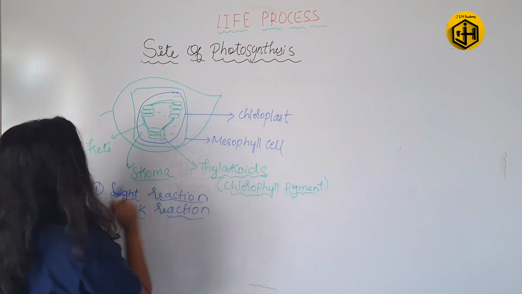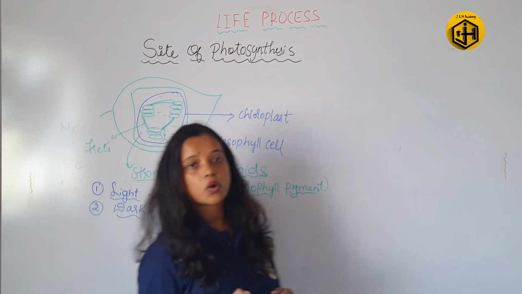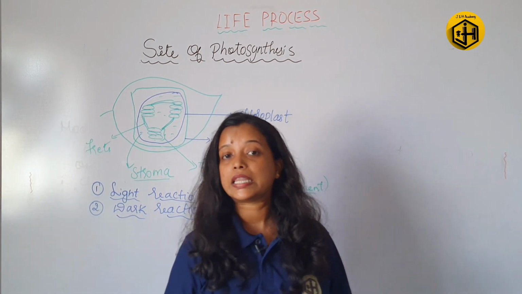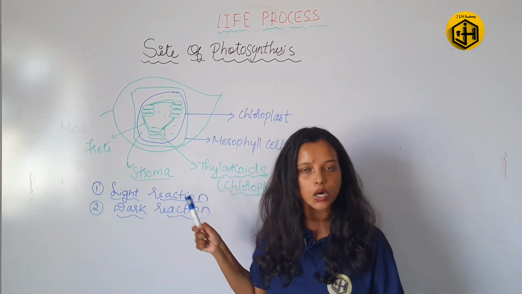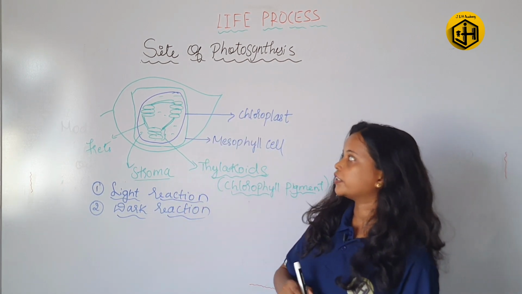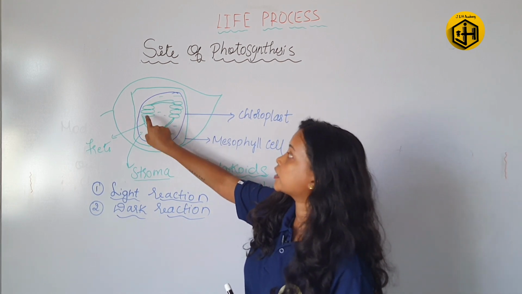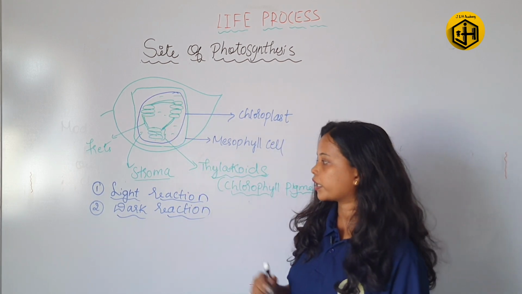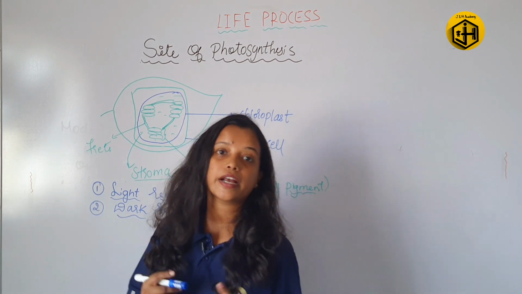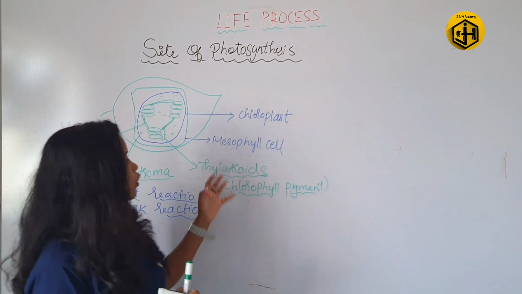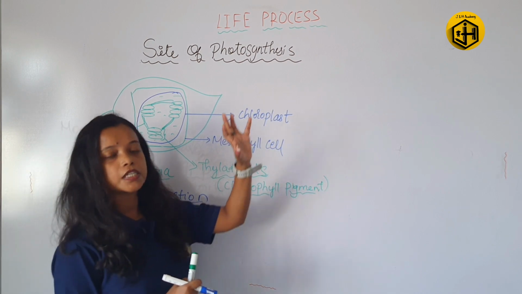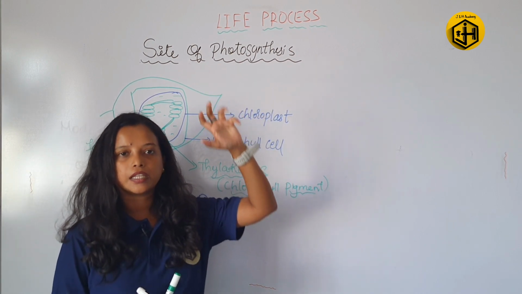As the name suggests, it takes place only in the presence of light. Only when there is light does the light reaction happen. The light reaction takes place in the thylakoid. Why? Because what is inside the thylakoid? Chlorophyll. So chlorophyll absorbs the sunlight during the light reaction.